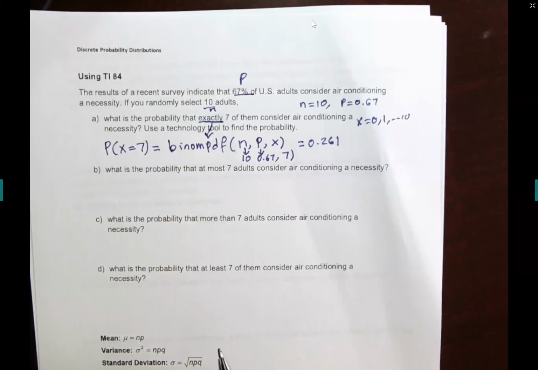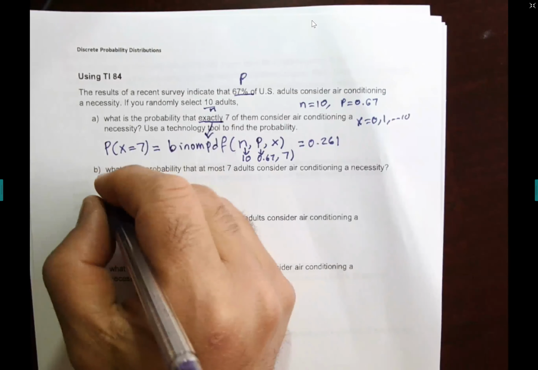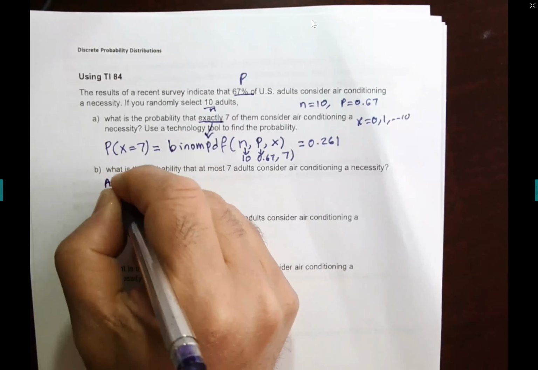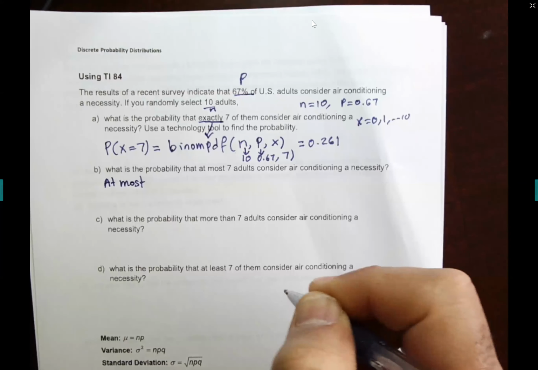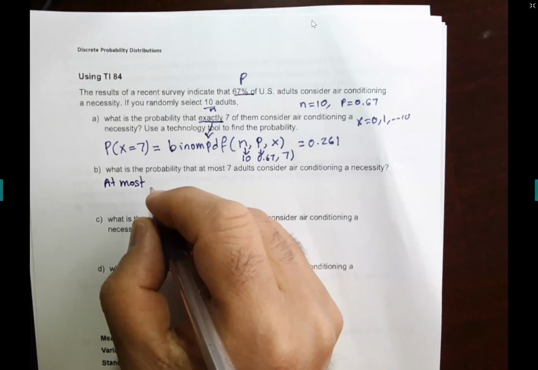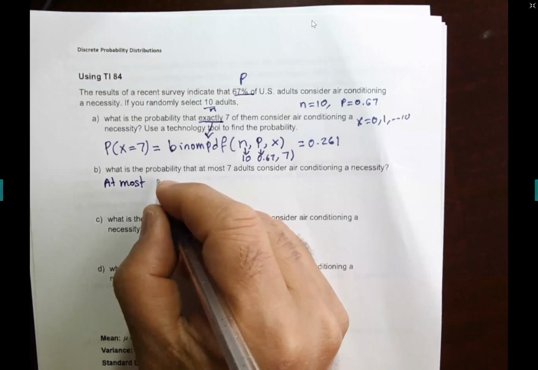What is the probability that at most 7 adults consider air conditioning a necessity? Now for at most, guys, do you know what inequality we use for at most? I'm gonna write the inequalities for you.